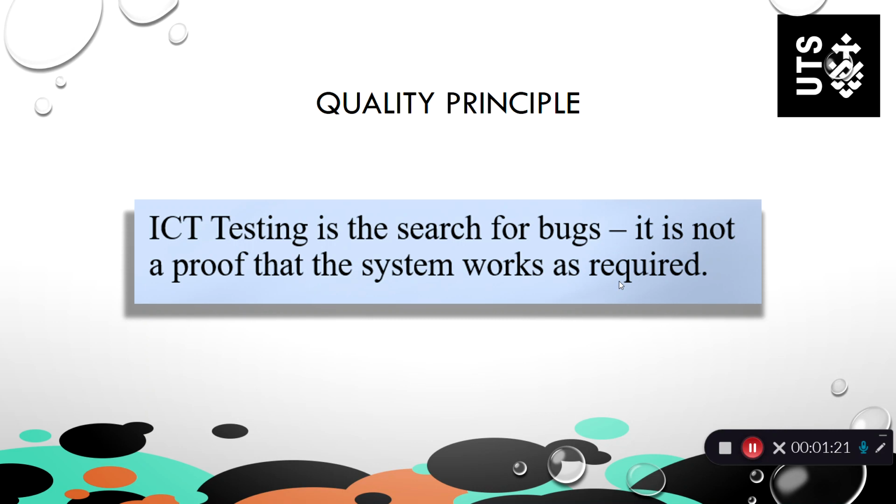But the business requirement sometimes may not be correct, may not be accurate, right? Or the business requirement changes. So when we say testing, the main purpose is to minimize the possible number of bugs. It cannot prove that the system works as required. Okay.